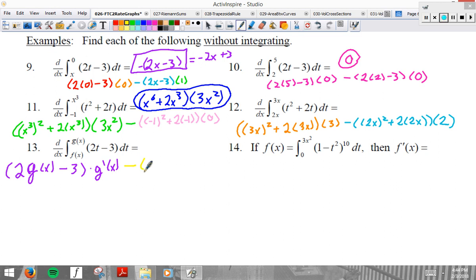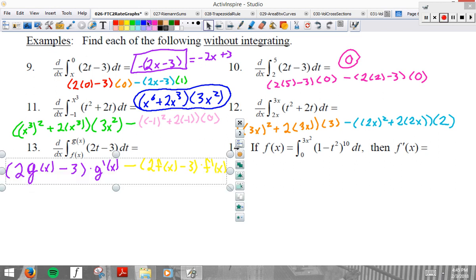Plugging in the lower bound. Times the derivative of the lower bound, f prime. I don't think that scans so well. Just so you can all see what I'm writing, let's make it all purple. Okay.